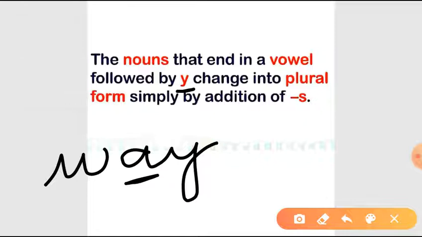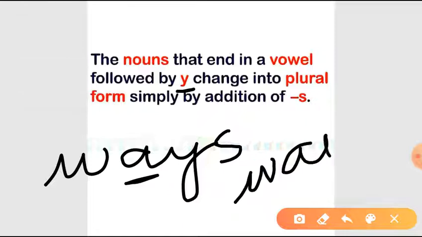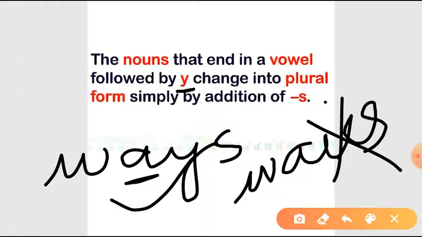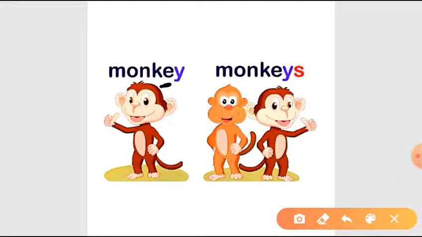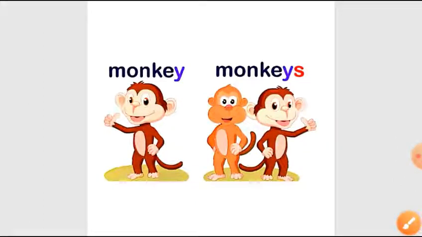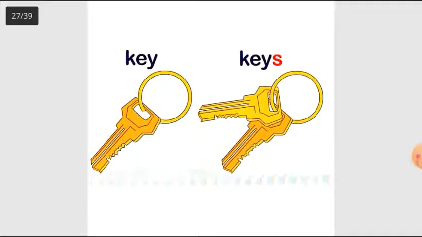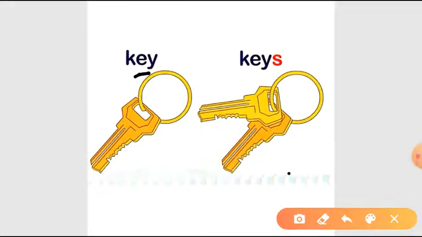So what we will do? We will simply add s to it. We don't have to convert it like this. Like we cannot write it like this. This is wrong. We just simply add s. See, because e is there, we have simply added s. Monkeys. Here also e is a vowel. Keys, right?